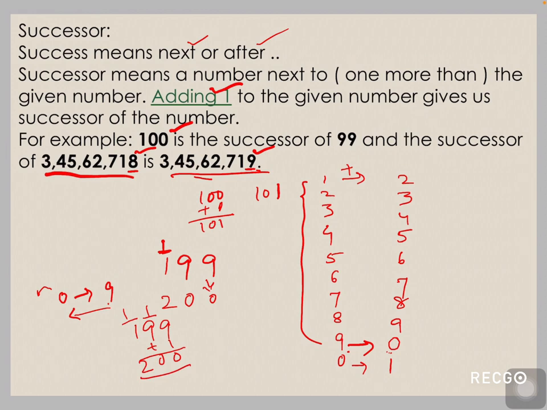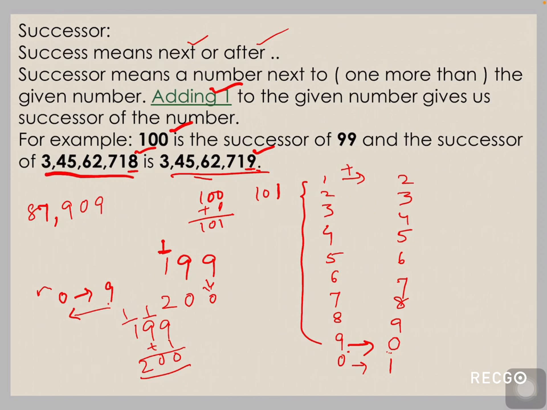For example, say 87,909. I have to write the successor. So here you won't make all zeros, right?